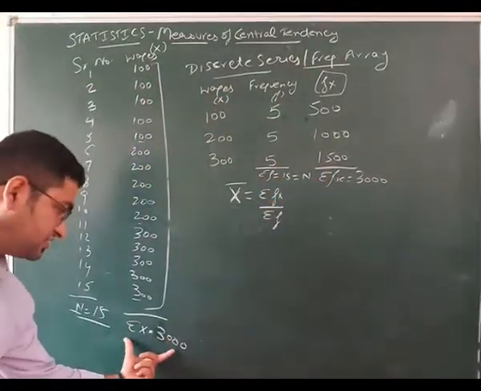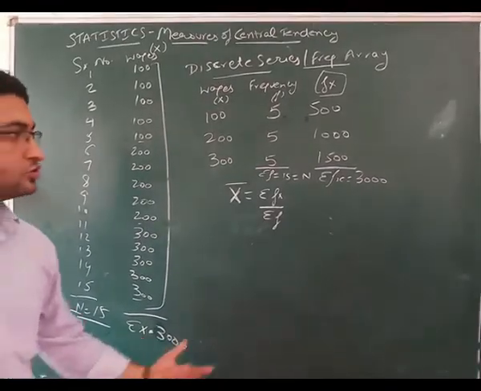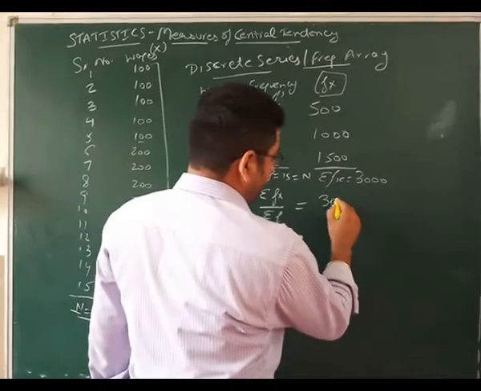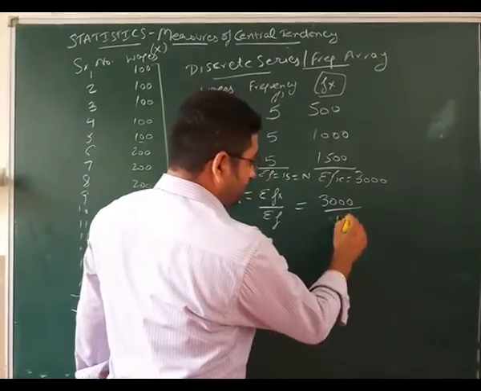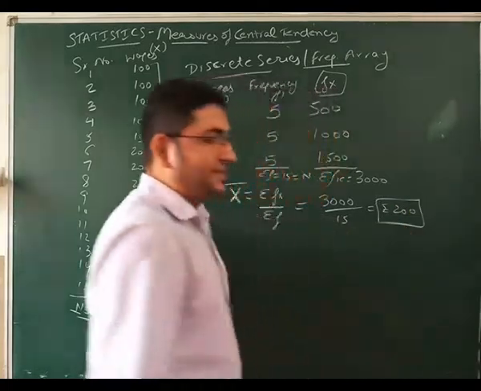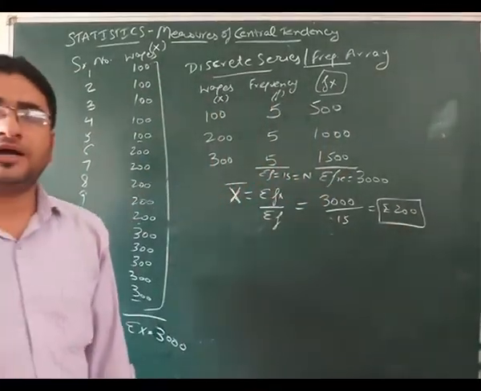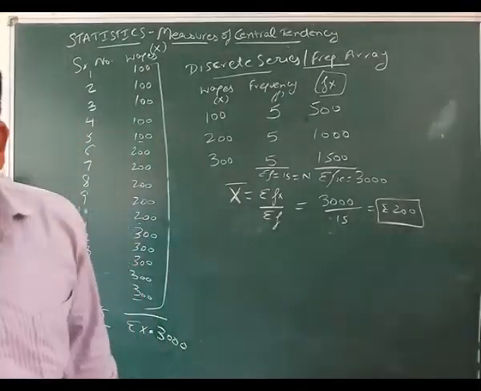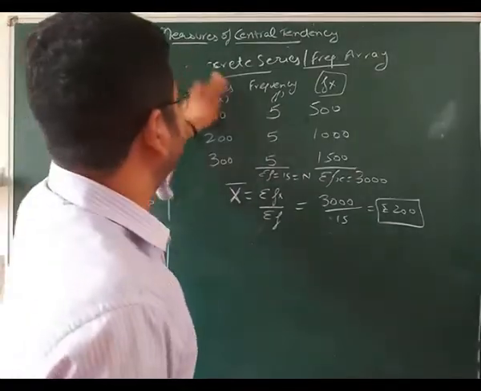What we want is summation x, the total expenditure, so what we will take is summation fx. So I'll jot down the values, that is 3000 upon 15. Again my answer is rupees 200. Getting my point? Now let us get on to another series.